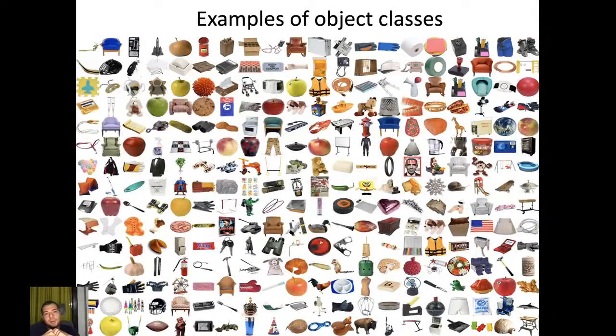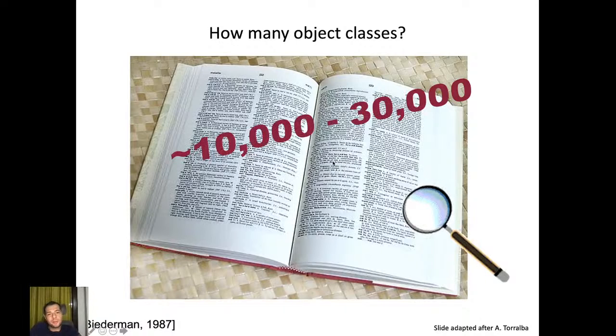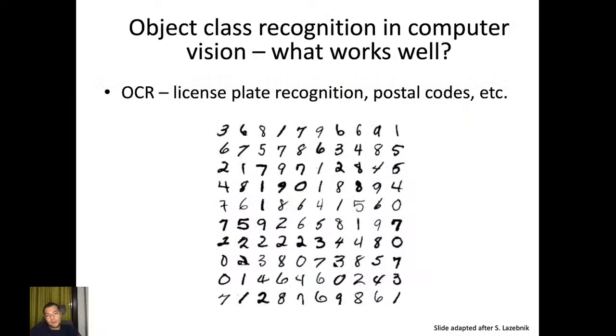There are many examples of object classes, and the number of object classes was studied in the literature. Biederman proposed that the number of object classes is around 10,000 to 30,000. This was done by consulting a dictionary and seeing how many of the things listed in the dictionary are objects.